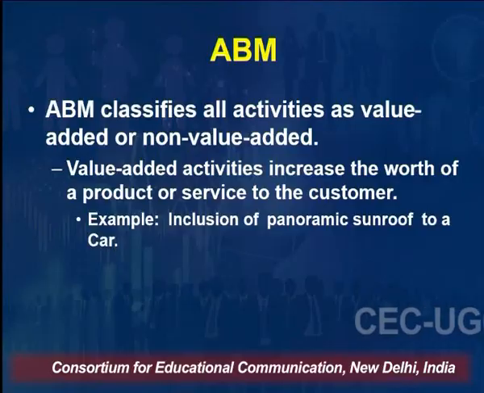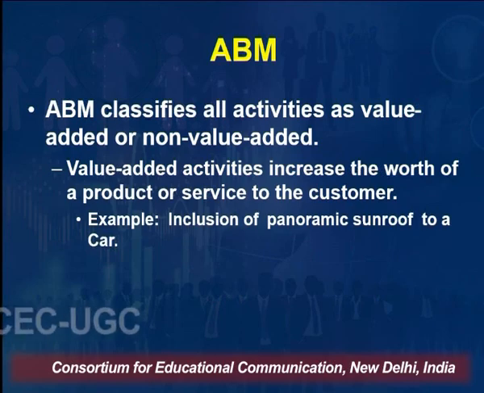Either it is increasing the total net worth of a product, or it is offering you some additional service. When you look at the product from a customer's point of view, it is basically a product and services envelope: along with the product you have some additional service or additional features. That is what ABM tries to do. For example, the inclusion of a panoramic sunroof in a car.